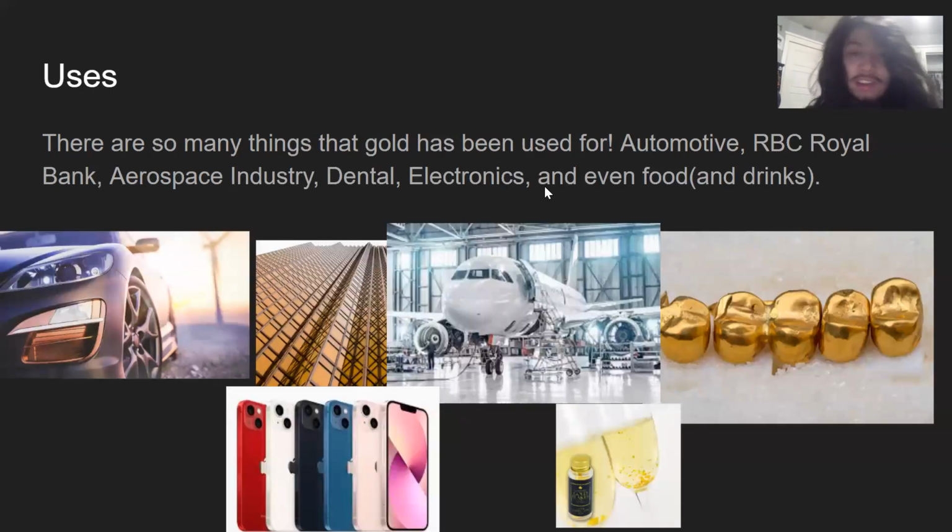So the uses, there's actually a lot of uses for gold, like a ton. So the main things that it's used for, I would say, is automotive, electronics, dentistry, and aerospace, especially aerospace. So in the automotive world, you have a high corrosion resistance with the batteries, right?